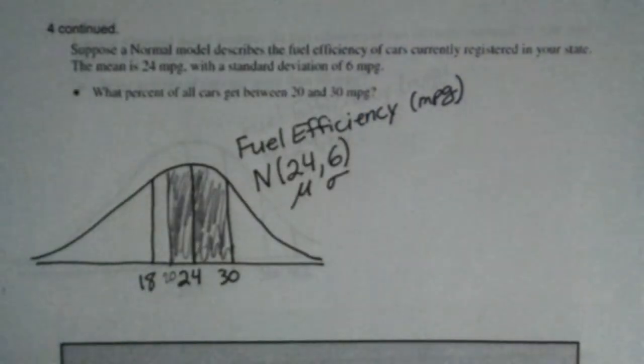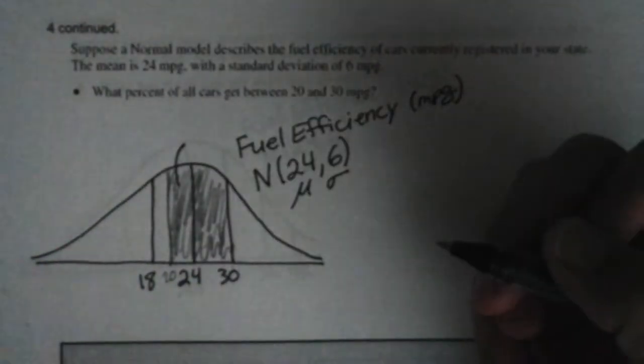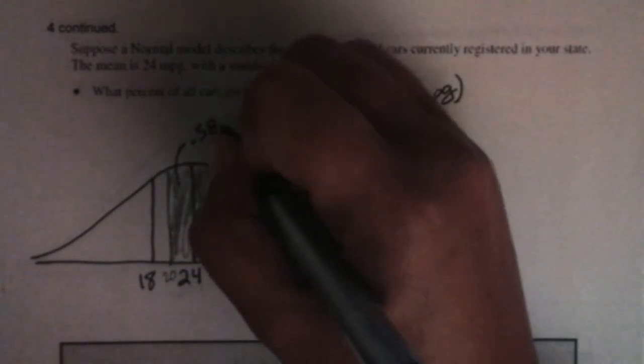And our mu is still 24. Our sigma is still 6. We're going to hit paste, enter, and we get 0.5888, etc. So then we're going to label the shaded portion as 0.5888.